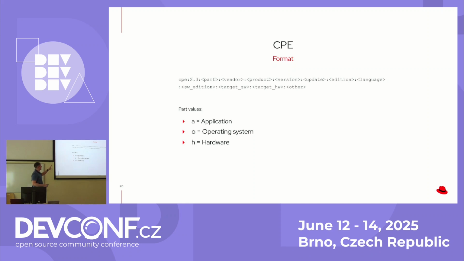The only interesting part is the part value that, depending on the value, addresses operating system, hardware, and applications, which is what early 2000s systems basically were, right? And then you have an identification of a vendor, of a product, and a particular version and subversion of this product.